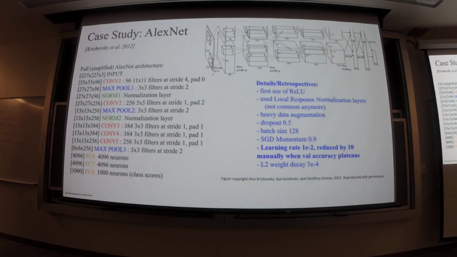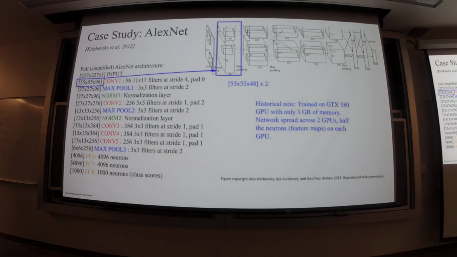Let me just quickly finish up. They used a learning rate of, say, 10 to the minus 2, but they did this neat trick of reducing it by 10 every time their accuracy plateaued, and they also used weight decay. And then there's this historical note: the GPUs they were using had 3 gigs of memory, so they couldn't fit the full model into the memory of just one GPU.